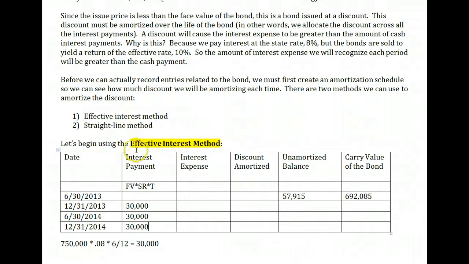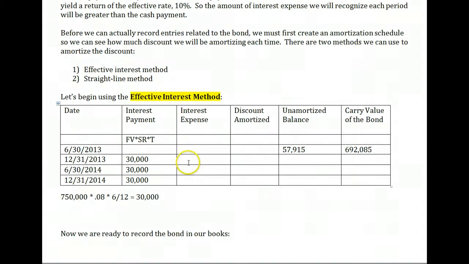Now, this is where we get a difference between the effective interest method and the straight line. Under the effective interest method, in order to calculate interest expense, you take the carry value of the bond. Remember over here, this column represents the carry value. You take the carry value of the bond times the effective rate of the bond times time.